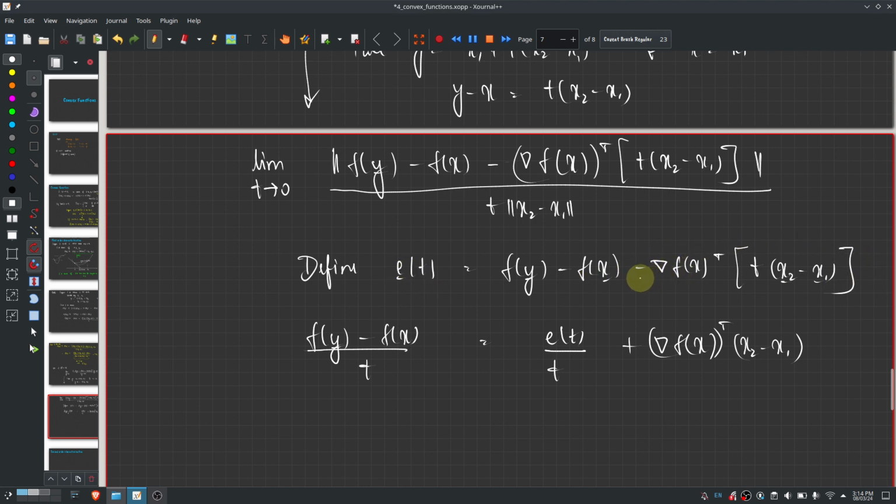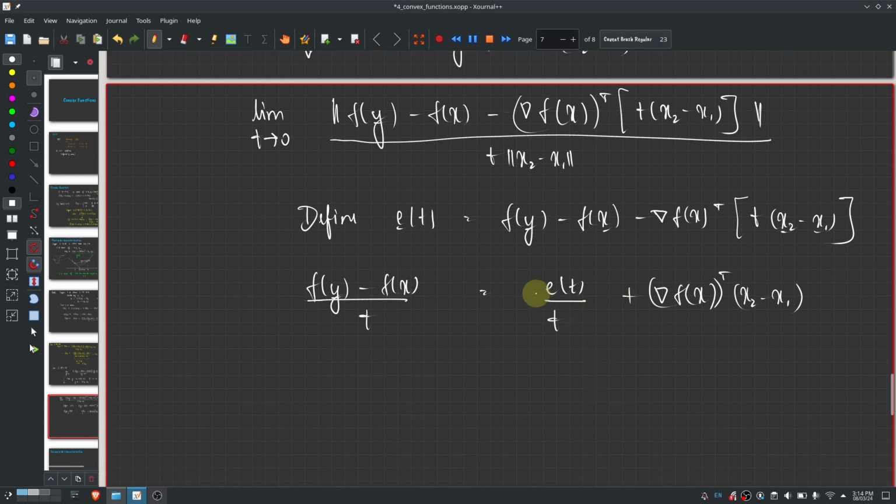I divide both sides by t and I get this quantity. What I know is that e of t is a vector whose norm tends to 0 as t tends to 0.